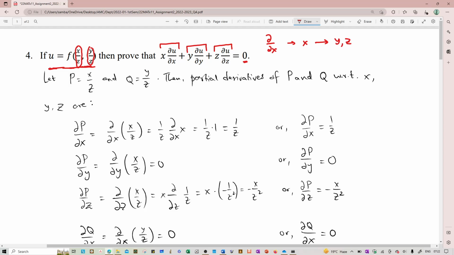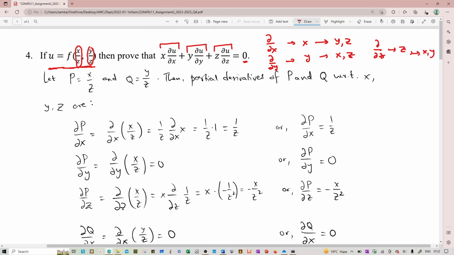Both y and z are constants. When you are finding dou by dou y, the variable is y and the constants are x and z. And finally, when you're finding dou by dou z, the variable is z and the constants are x and y.